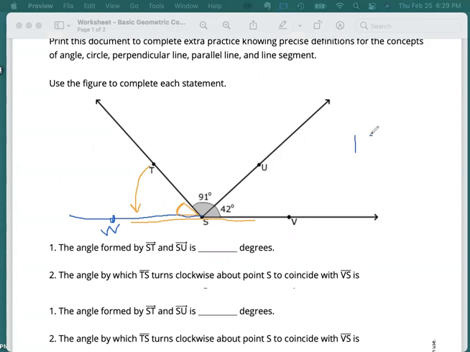So 180 minus 133. 91 plus 42 is 133, I think. So 180 minus 133 would be 47. So this angle inside here should be 47.